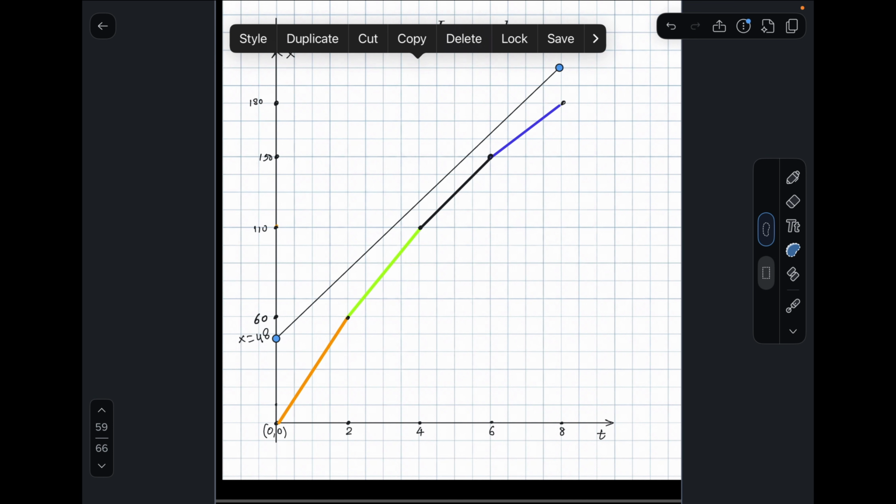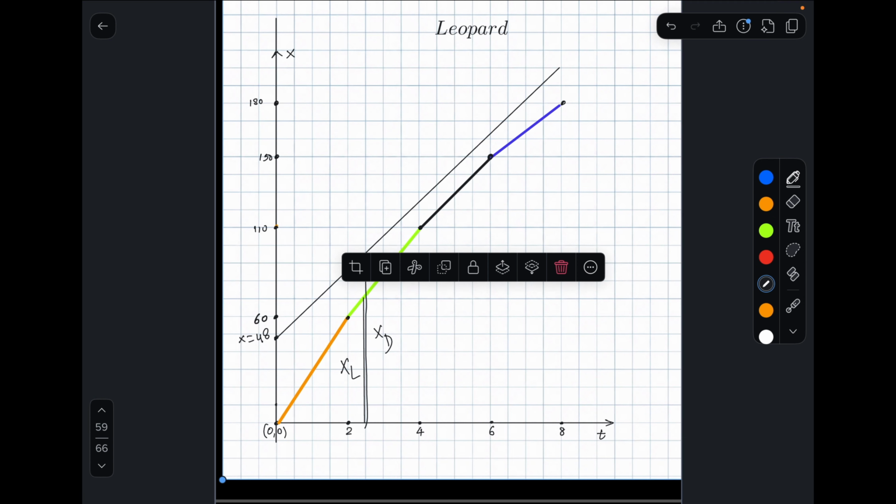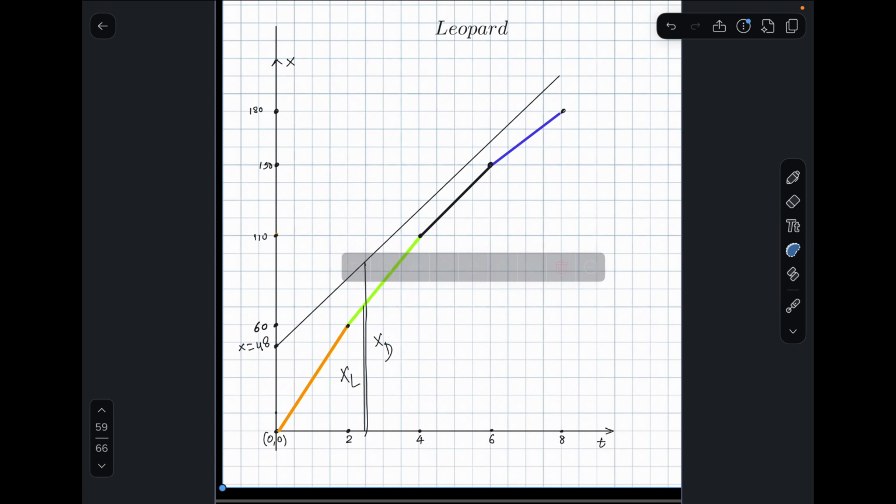See, this graph is okay, because everywhere the x coordinate of the deer is more than the x coordinate of the leopard. It physically means the deer is ahead of the leopard. But since the question asks for the minimum slope, for the minimum velocity, let's see if the velocity can be decreased further.